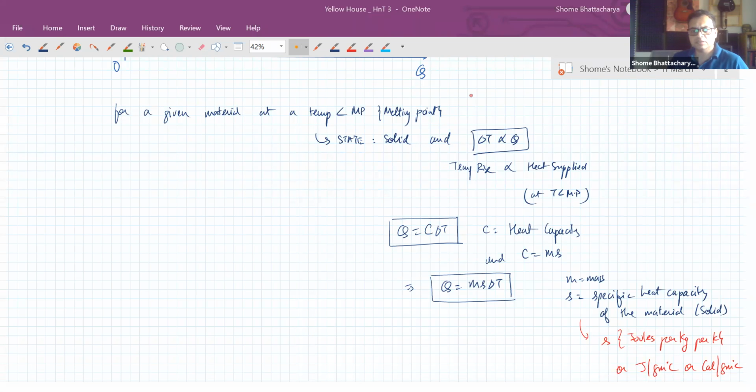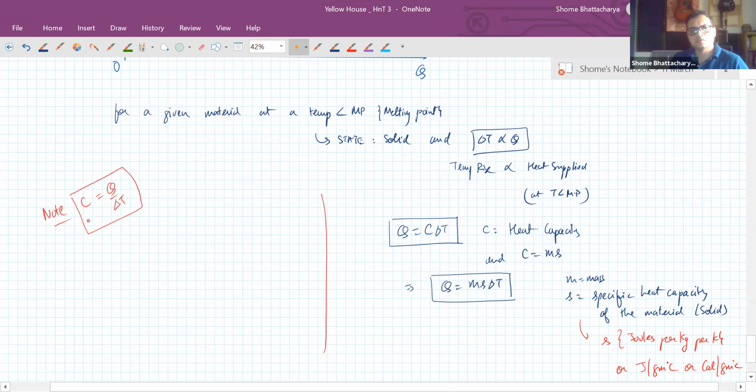C is called the heat capacity. Heat capacity is heat supplied per degree change in temperature.